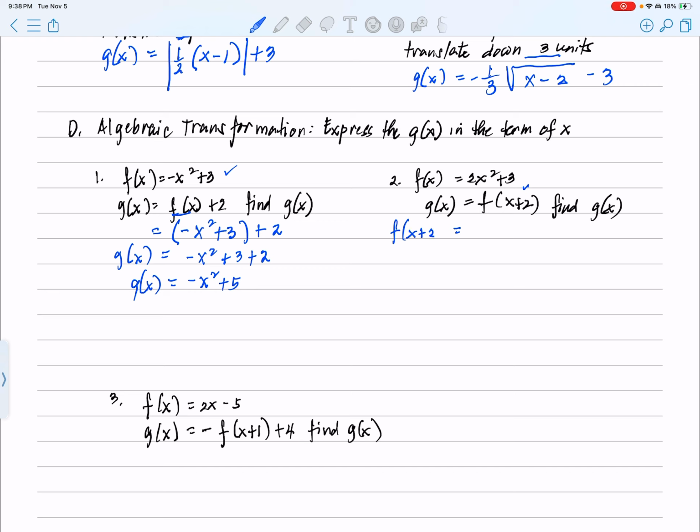That would be 2 times x plus 2 squared plus 3. All right. Expand x plus 2 squared, that would be x squared plus 4x.